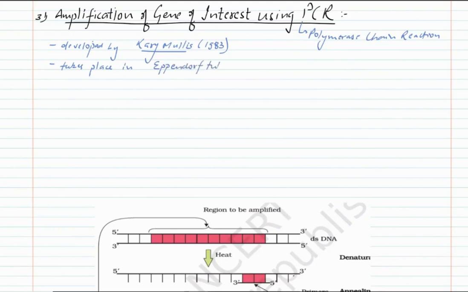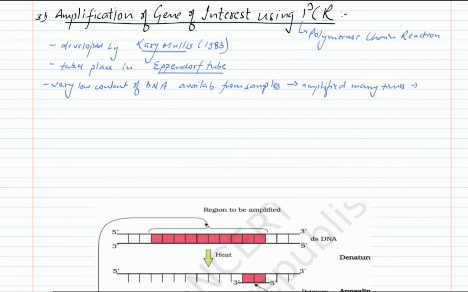So using the PCR technique, a very low content of DNA available from samples, which may be a tissue, which may be blood, can be amplified many times and it can be analyzed.